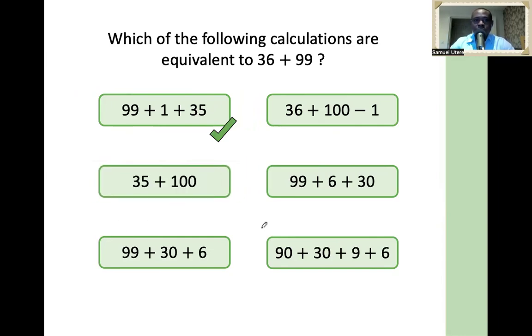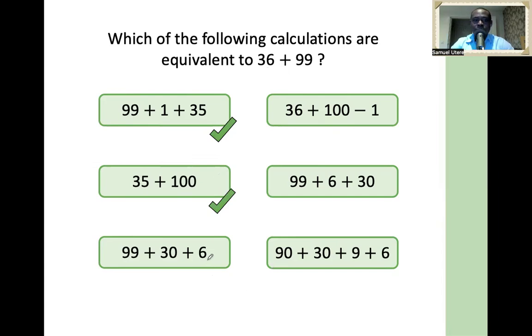This one, you can see that we have simply taken 1 from the 36 and added it to 99. So it represents the same calculation. We've made this 1 less and the 99 1 more. So we've actually just moved 1 from here over there. So they represent the same calculation.